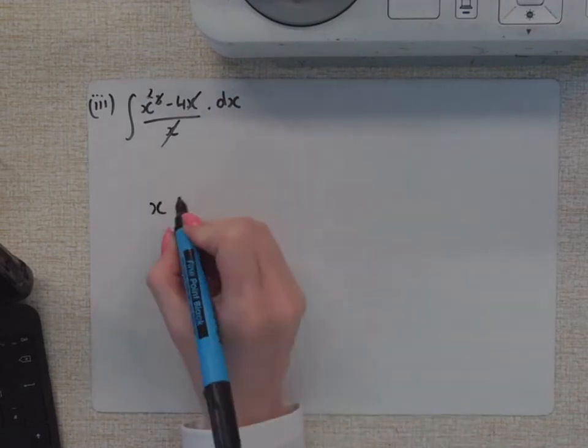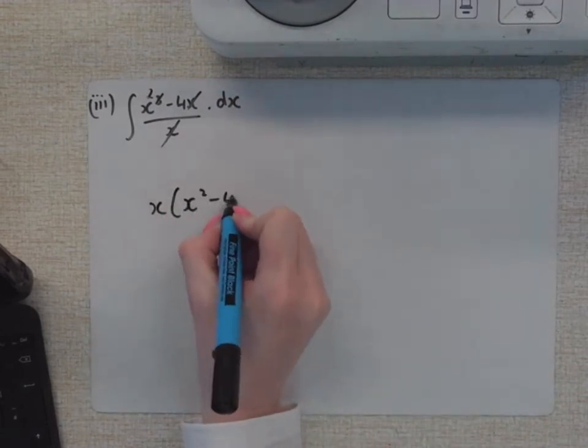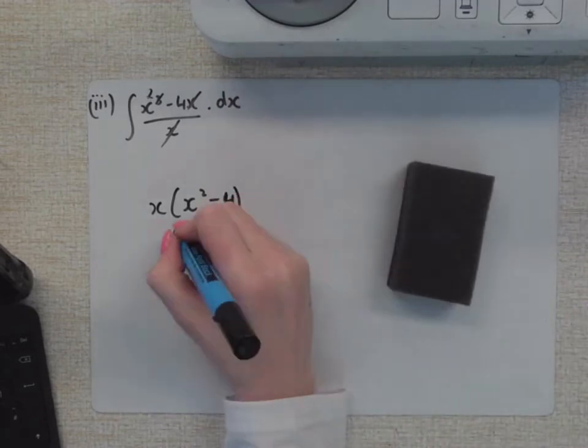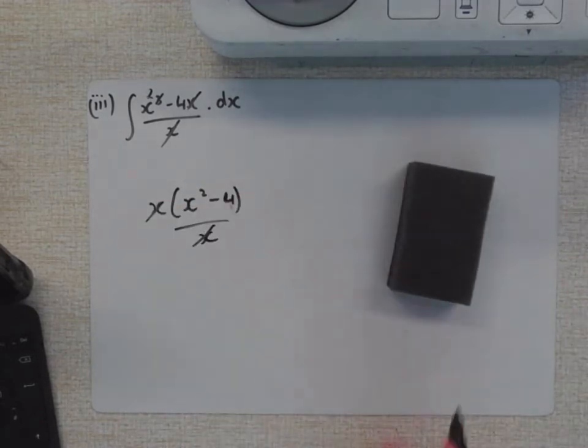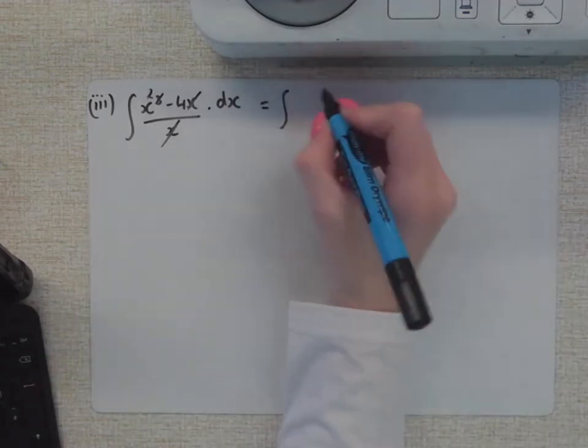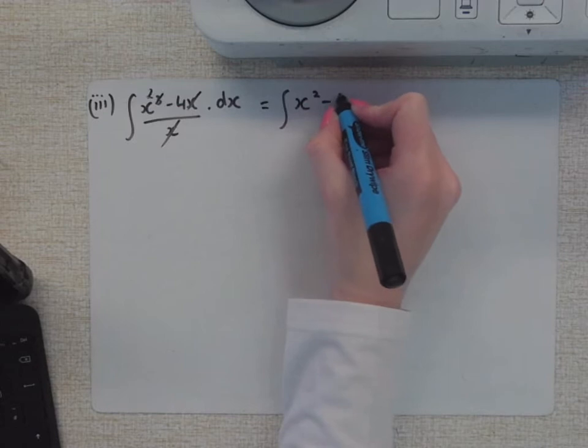Okay? Or you could factorize it out and then cancel it. Okay? So whichever you want. My sum becomes x squared minus 4.